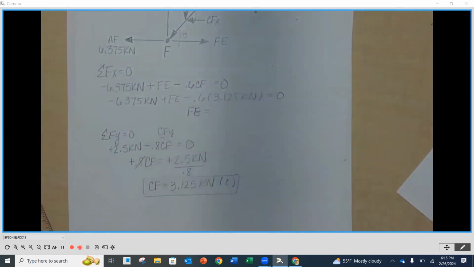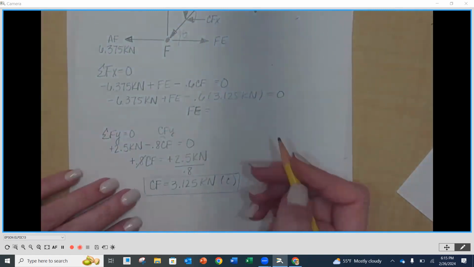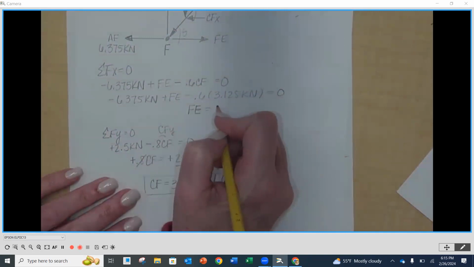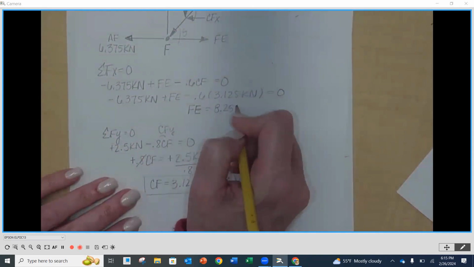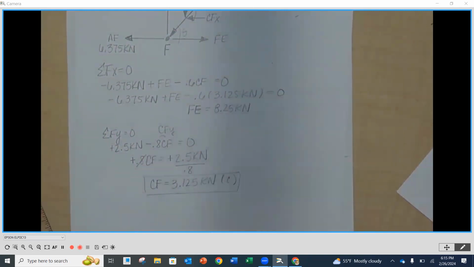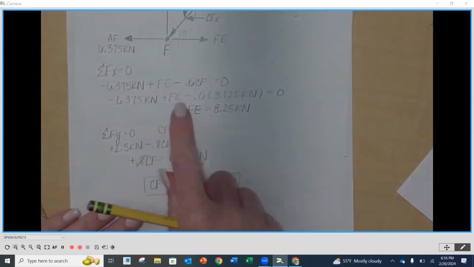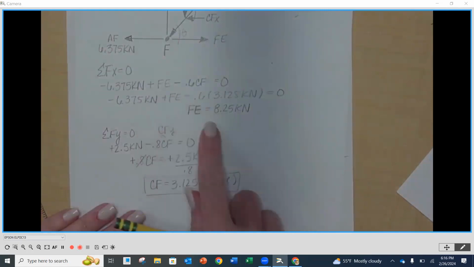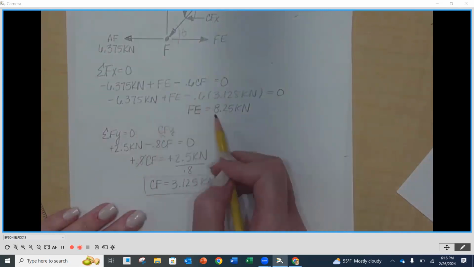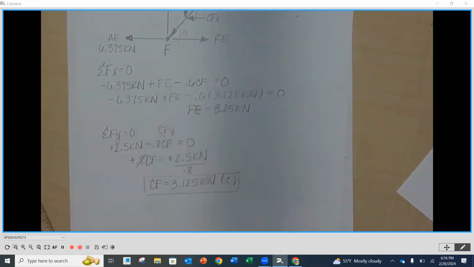FE is going to be equal to, you should get a negative 8.25 on this side. And when you put it to the other side, it becomes positive. So FE is going to be 8.25 kilonewtons.